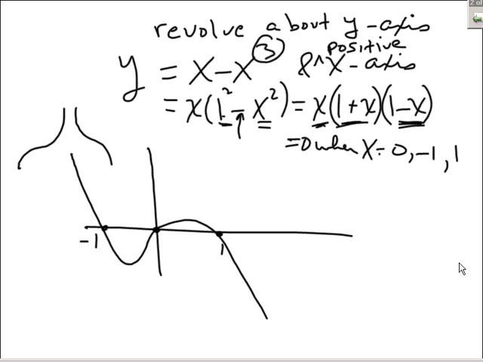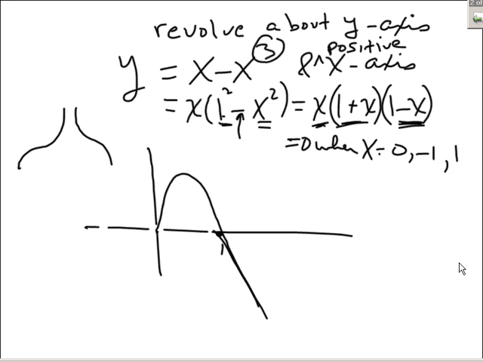So just to draw this a little bit more friendly for us, let me extend this higher. The positive x-axis means I can ignore everything where x is negative.